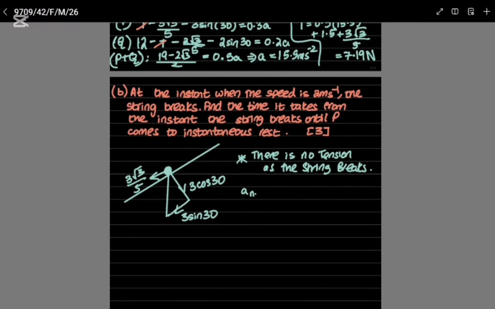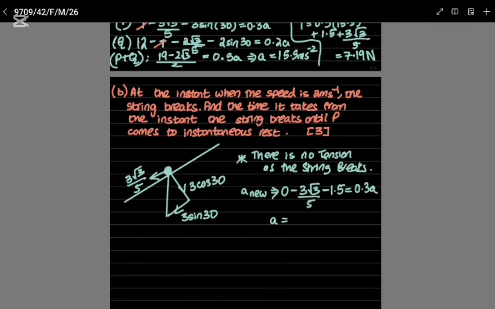So the new acceleration is going to be, there's no force upward, so nothing minus 3 root 3 over 5 minus 3 sine 30, which is just 1.5. I just wrote it directly. This implies ma, so what is the mass? 0.3a.